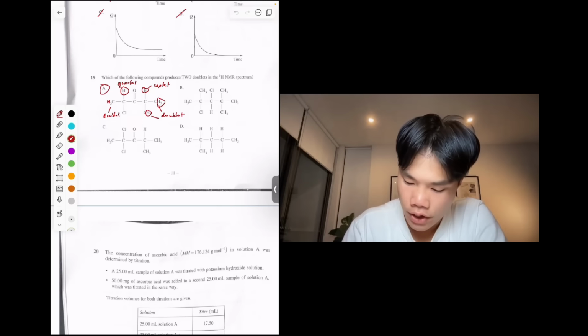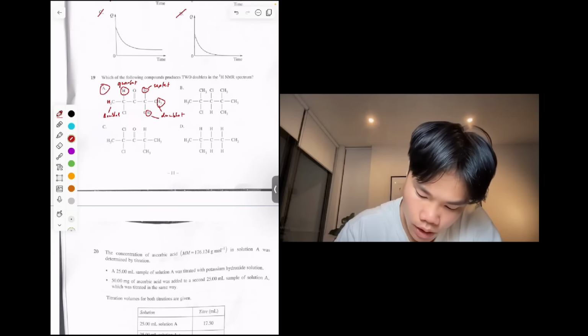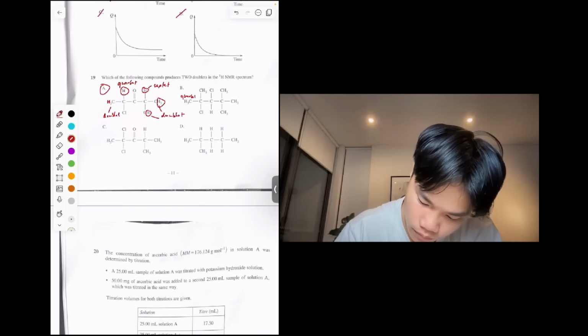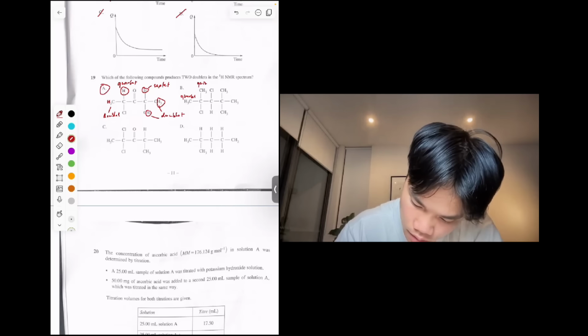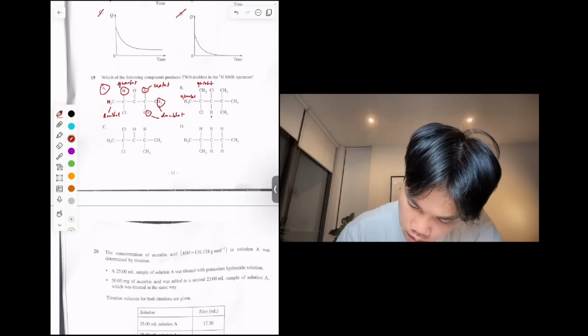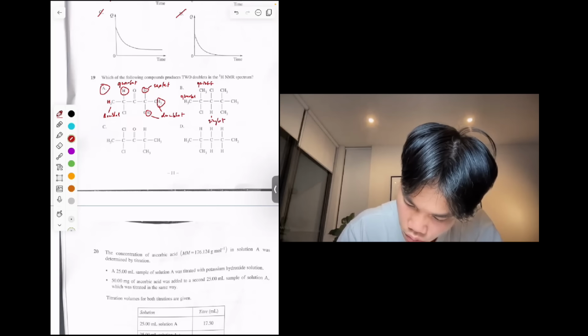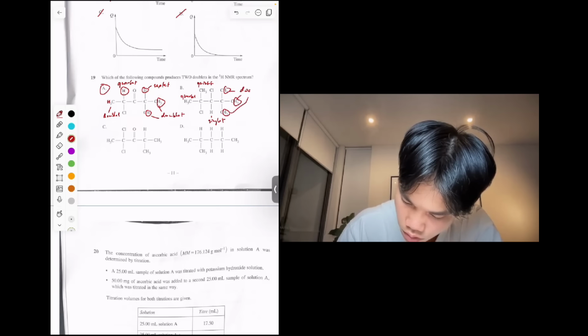For B, these three are going to show a quartet. This is going to show a quintet. This is going to show just a singlet. These are all identical, and they're all going to show a doublet.